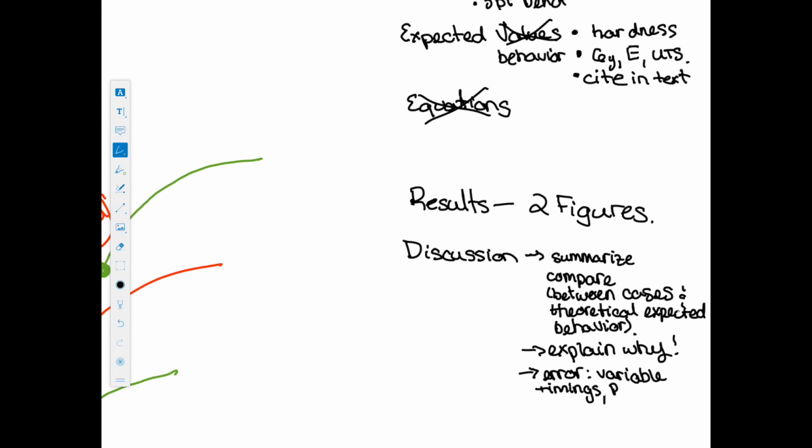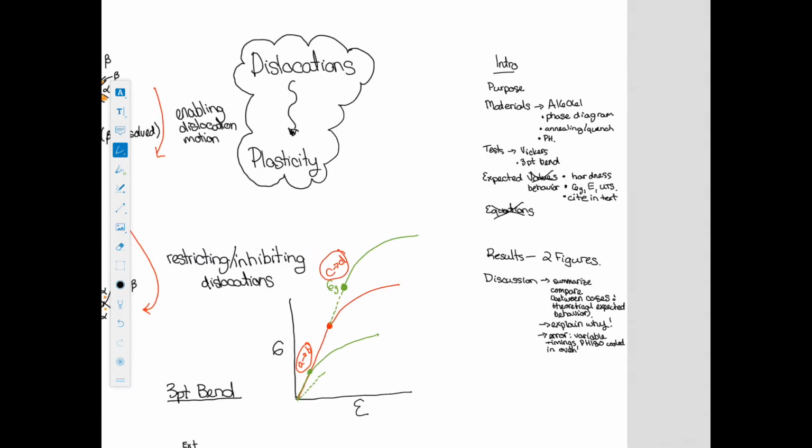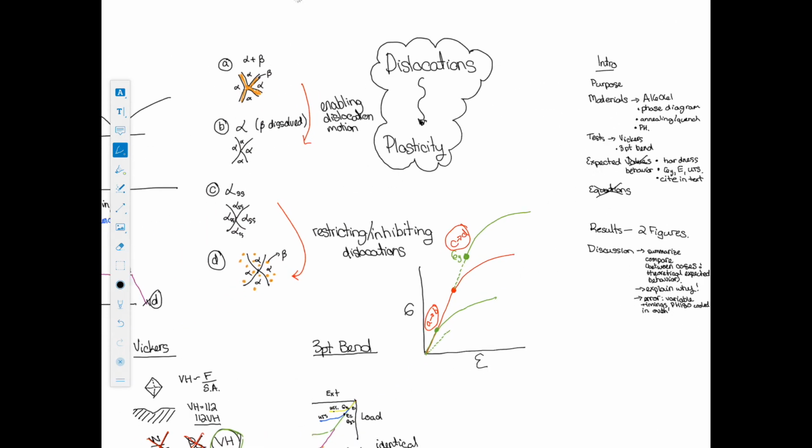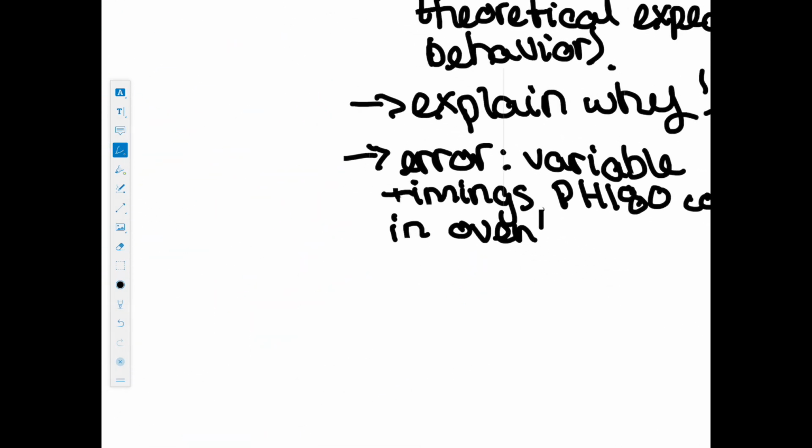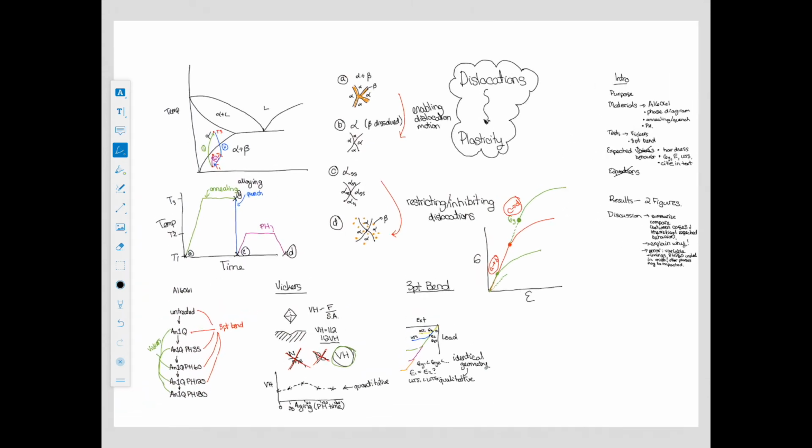Also, the pH 180 cooled in the oven. So that's a much lower cooling rate than we would expect. Beyond that, that's lab 4.